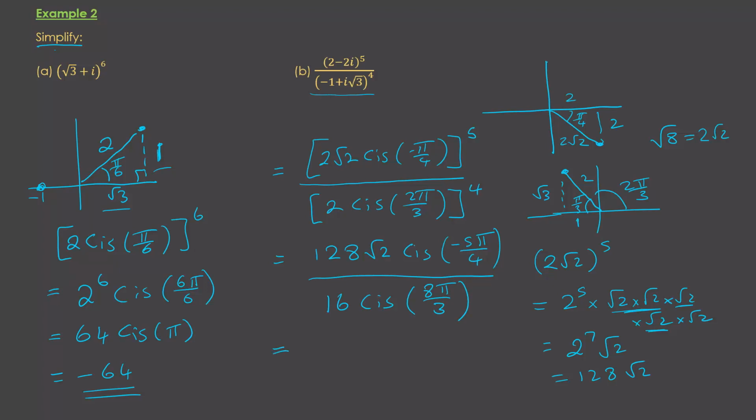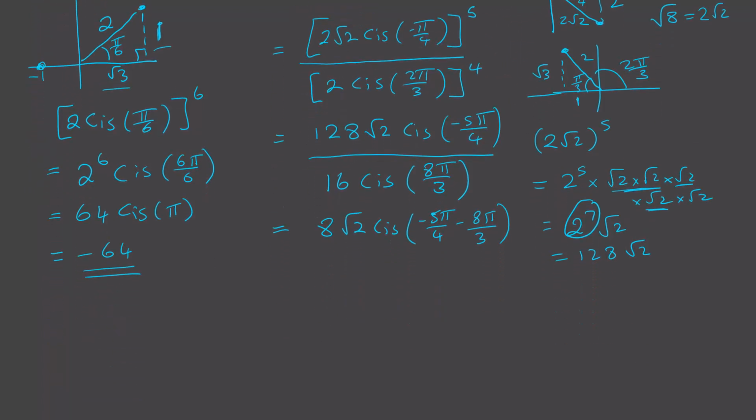Well, 16 goes into 128 8 times, so we're going to have 8 root 2. That's easily seen by thinking about the 2 to the 7 root 2 over 2 to the 4. And then we're going to have cis -5 pi by 4 take away 8 pi by 3. So that is going to be 8 root 2 cis.